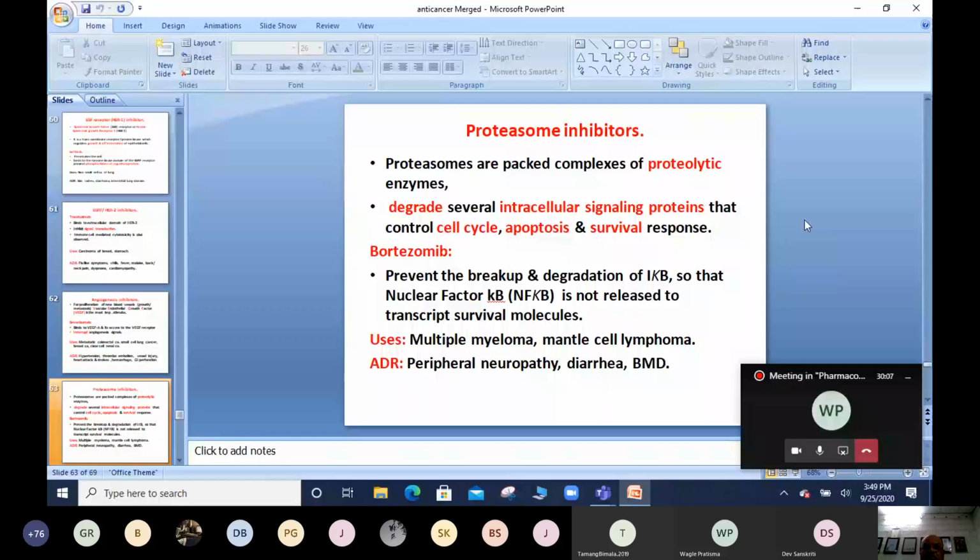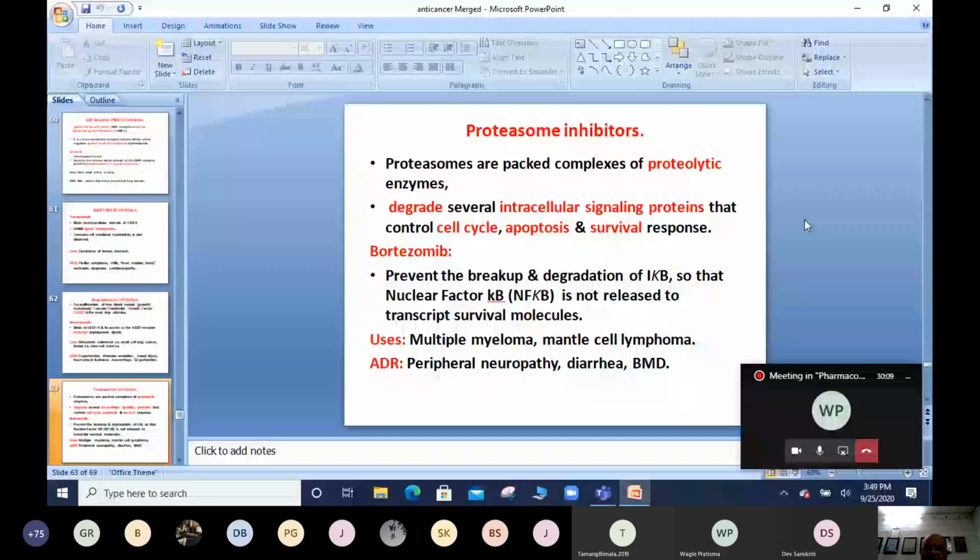Next group of drugs, proteasome inhibitors. Here the target is proteasomes. What are these proteasomes? Proteasomes are packed complexes of proteolytic enzymes, and they degrade several intracellular signaling proteins.